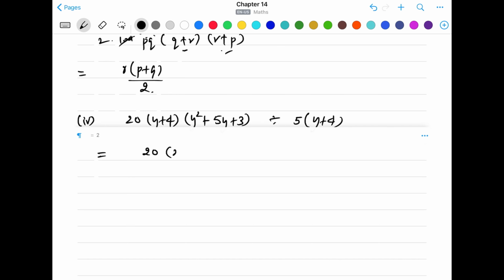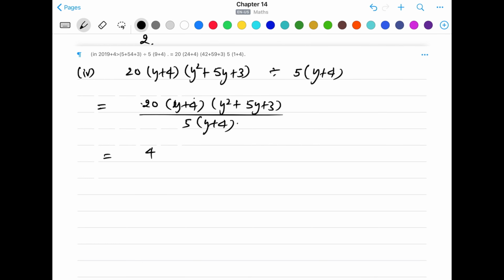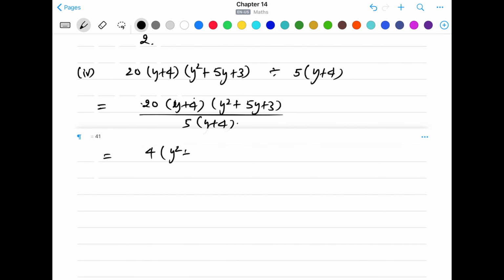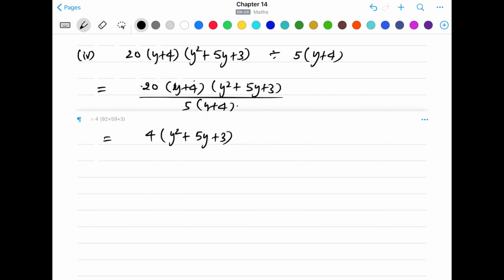We have 20 into y plus 4 into y square plus 5y plus 3 divided by 5 into y plus 4. Now simply this 20 divided by 5 will give us 4. This y plus 4 will be divided by y plus 4, so we're only left with 4 into y square plus 5y plus 3. Okay, so that's the answer for this one.